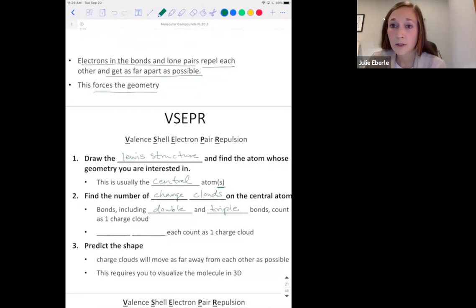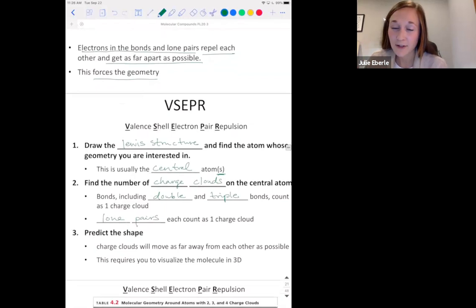Double, triple, and single bonds, they all only count as 1 charge cloud each. That's kind of confusing because a triple bond has 3 bonds. People would be tempted to count it as 3 charge clouds, but that's not the case. A triple bond counts as a single charge cloud the same way a single bond is a single charge cloud, okay? And then lone pairs each count as 1 charge cloud.